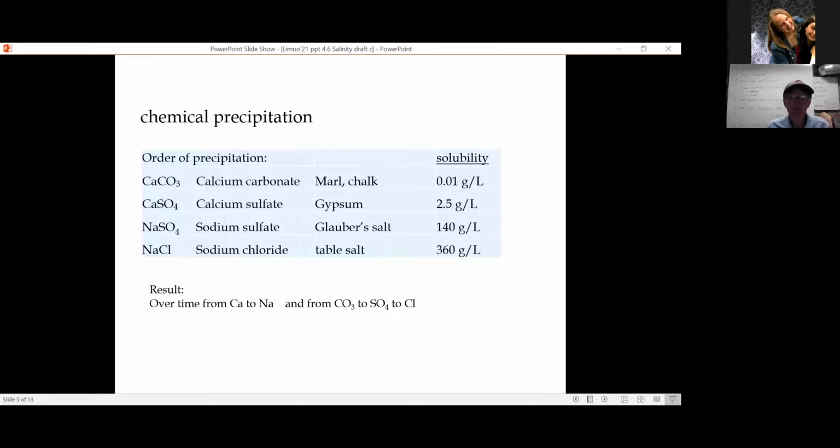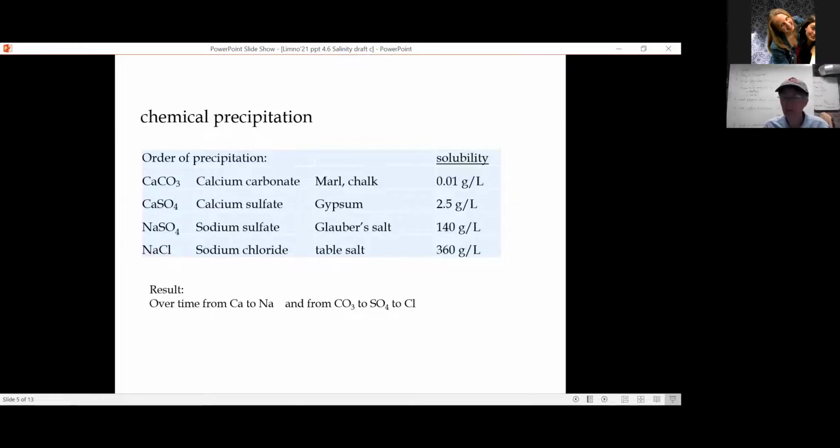Now, sodium sulfate, that's another combination of elements. Sodium sulfate is a salt called Glauber's salt. There are some saline lakes that precipitate Glauber's salt around the edges, and it's a useful thing. There are some lakes in Africa that precipitate Glauber's salt and similarly related ones.